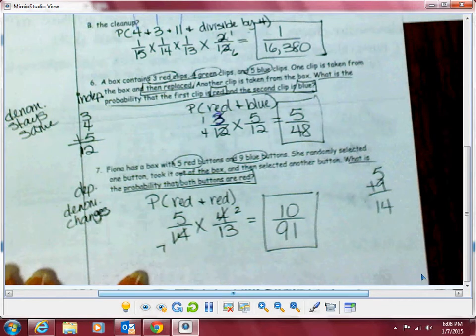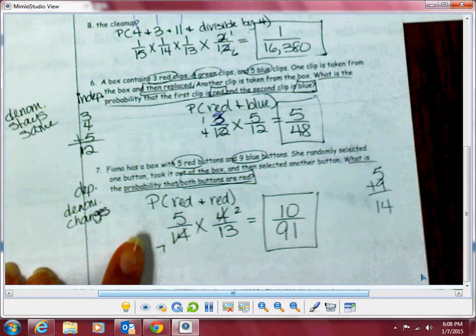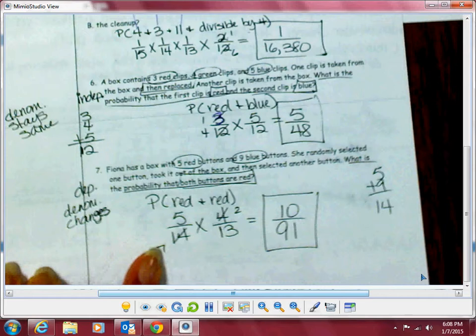So since there's a total of 14 buttons, 5 plus 9 is 14, then my first probability of getting a red is the whole 5 out of the 14 total. Now, since I already took out a red and didn't put it back, there's only 4 red the second time around. And I didn't put the first one back, so there's only 13 total the second time around.